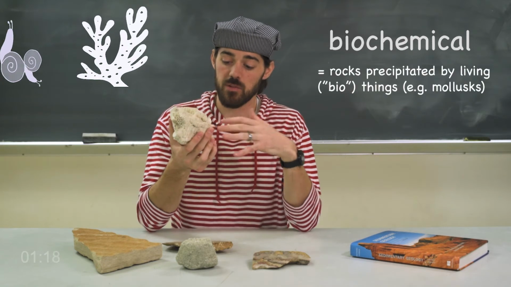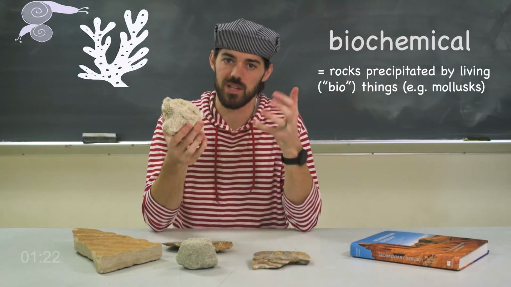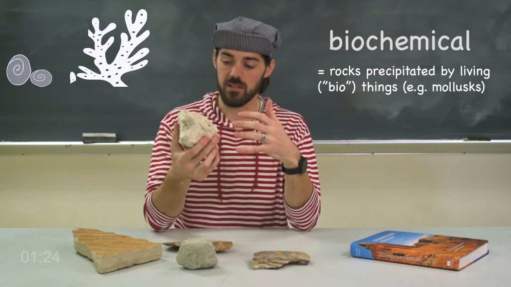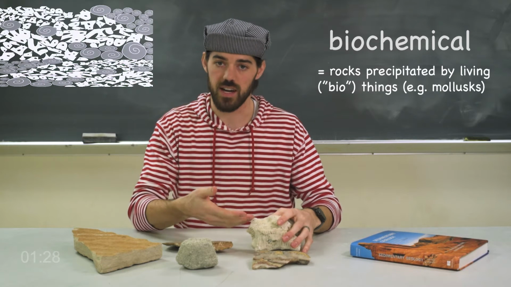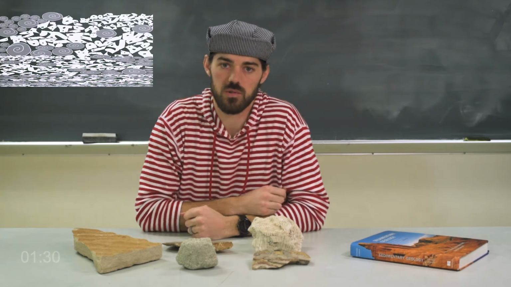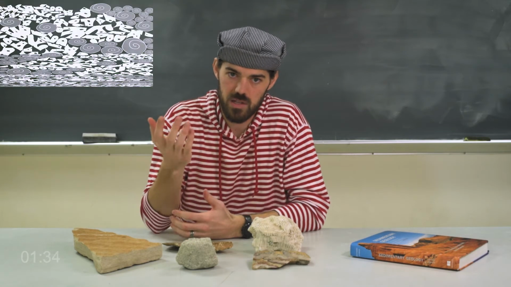They use the ions from the seawater to build these structures in which they live. Then, when they die, their homes accumulate on the ocean floor and eventually get lithified into a biochemical sedimentary rock. So you can basically think of biochemical sedimentary rocks as graveyards preserved in the rock record.